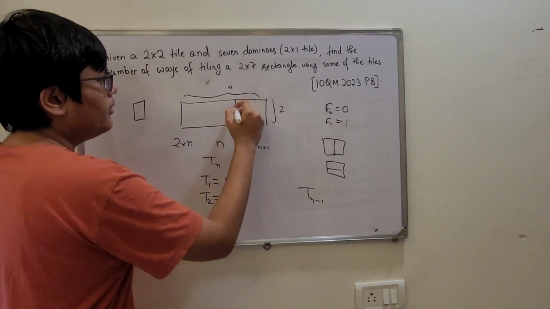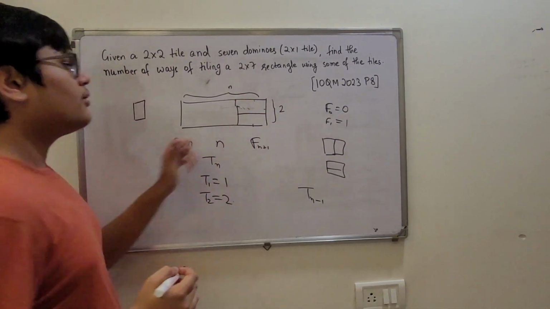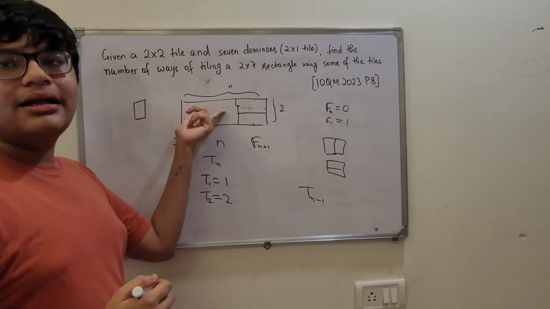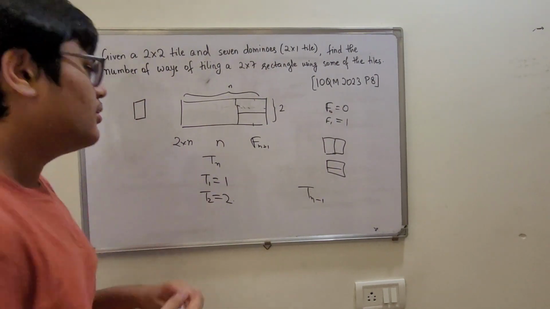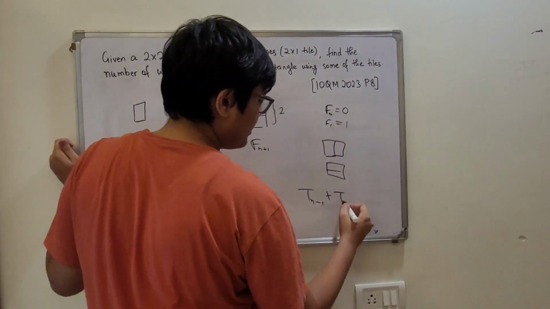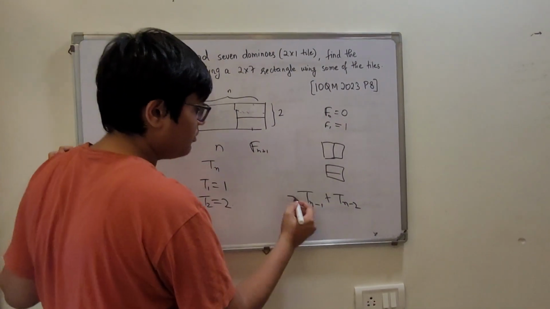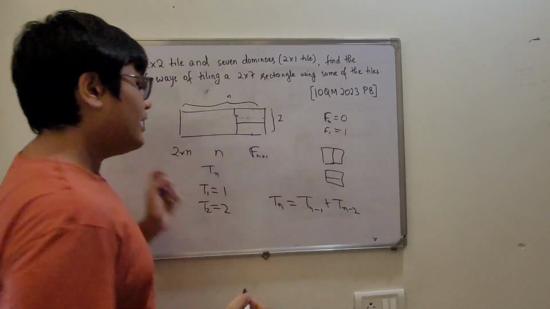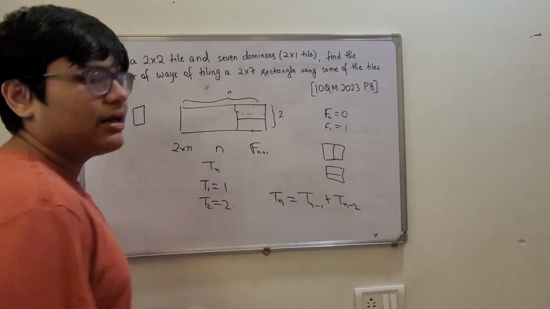But if the last two dominoes are placed like this, right, then you need to tile the other n minus 2 dominoes, so that it can be done in Tn minus 2 ways. So Tn minus 1 plus Tn minus 2, right, because of the fundamental principle of counting. So Tn equals Tn minus 1 plus Tn minus 2, and that's how you prove the Fibonacci part.